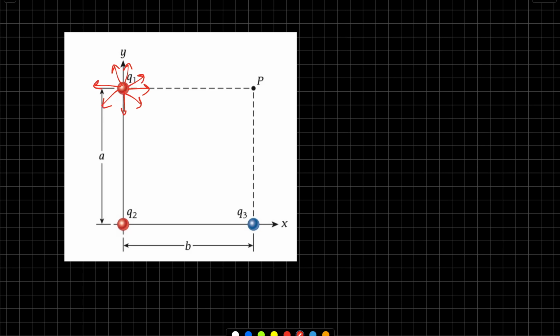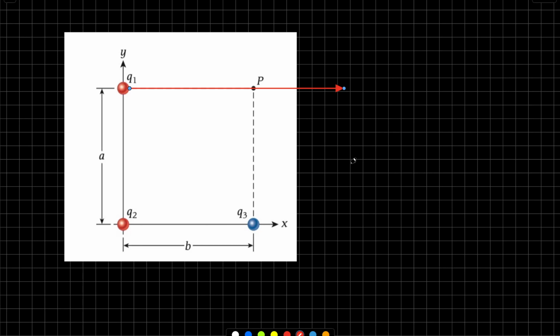It's easy, just draw a straight line connecting these 2 points. Okay, so that is the direction of the electric field at point P.